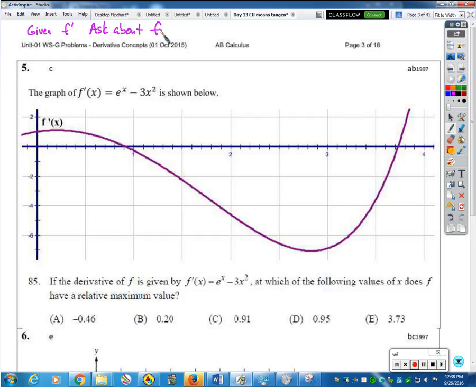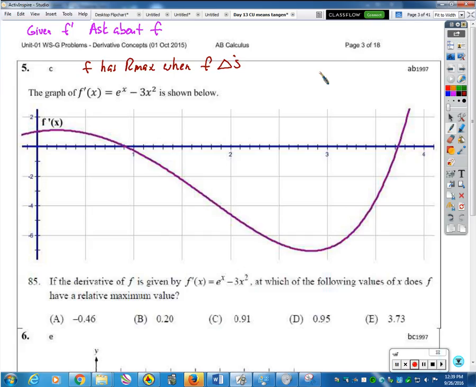So that means we need a definition. f has a relative max when f changes. Somebody complete the sentence. f has a relative max when f changes. Russ? 2 tickets, but no, it's okay.